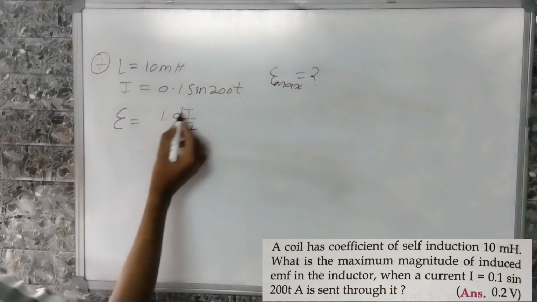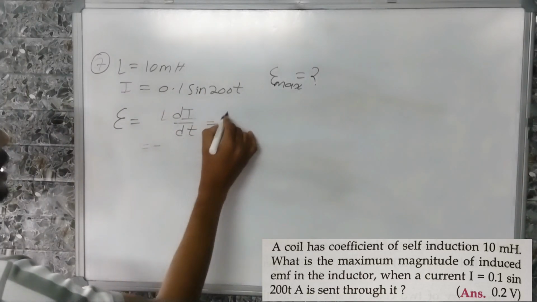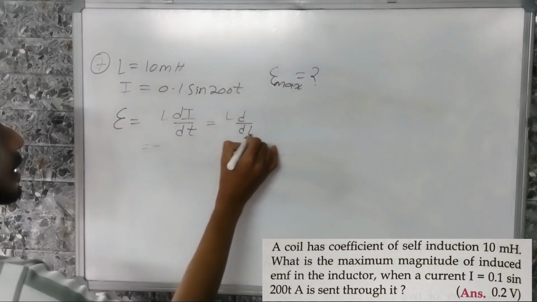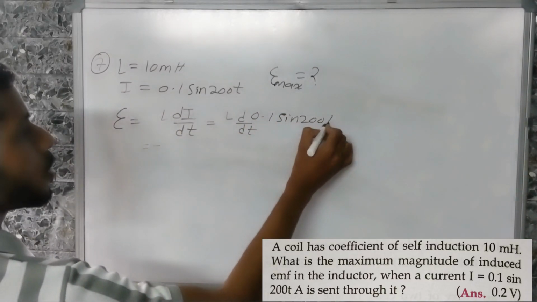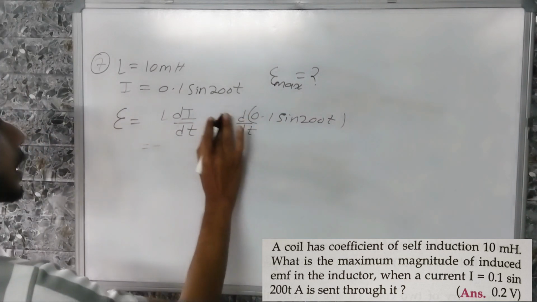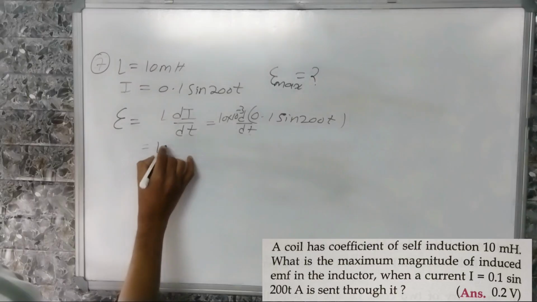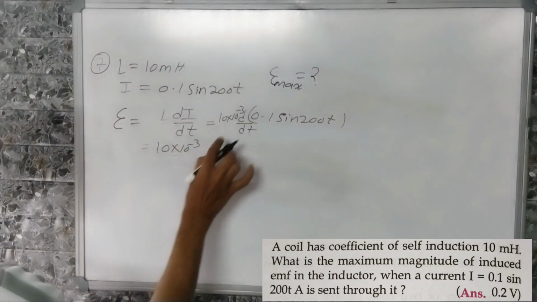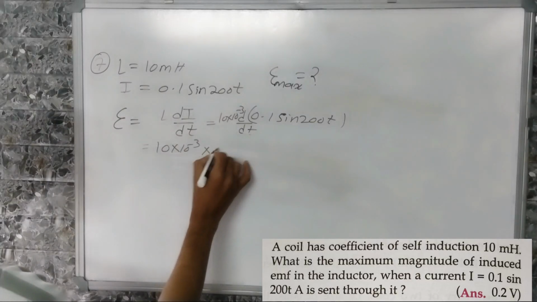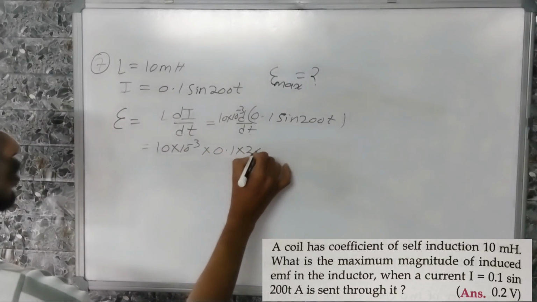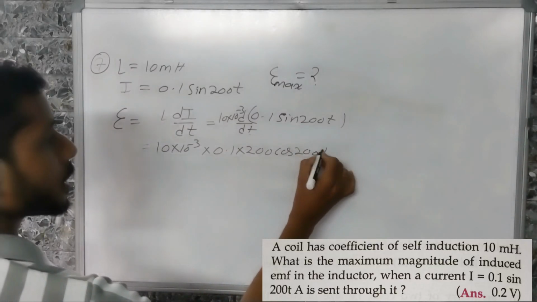So E is equal to L di by dt, where I is 0.1 sin 200t and L is 10 into 10 to the power minus 3. So the answer will be 10 into 10 to the power minus 3, L, into the derivative of this, which is 0.1 into 200 cos 200t.